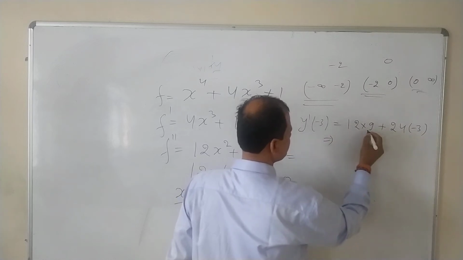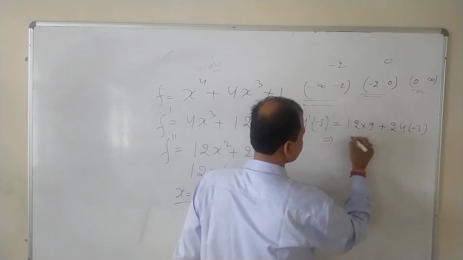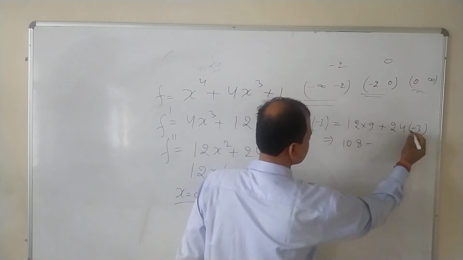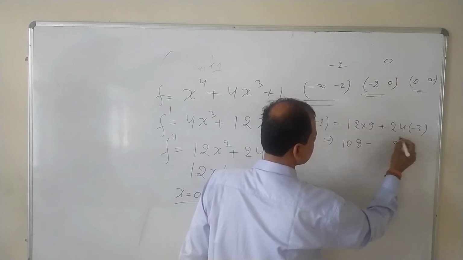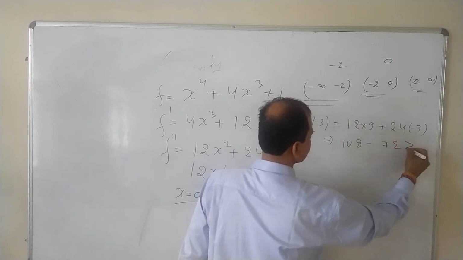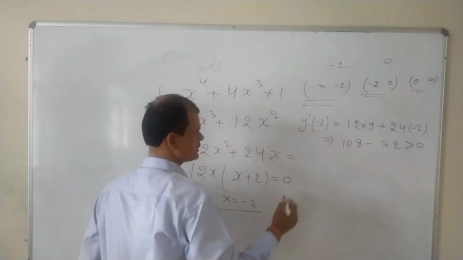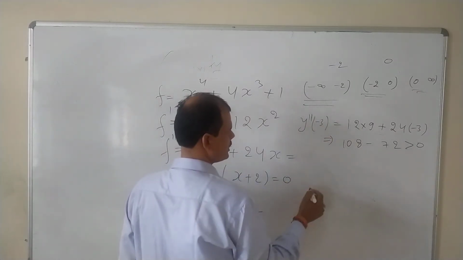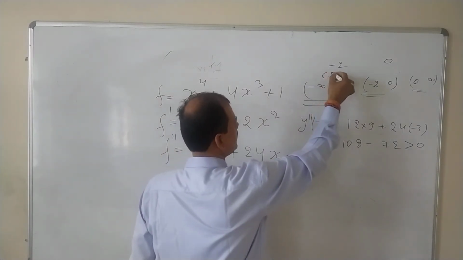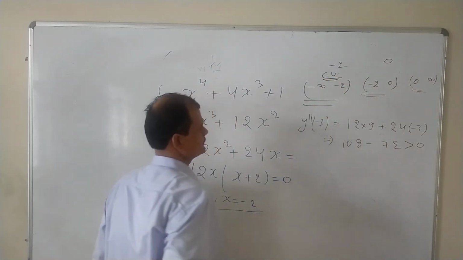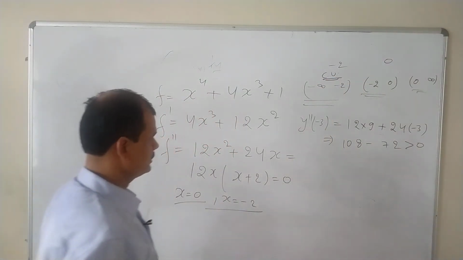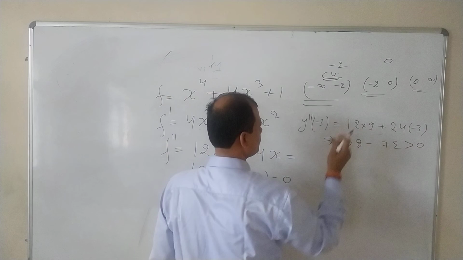Fine. So we get 108 minus 72, positive. We are getting positive. Positive means y double dash is positive, which means concave up.